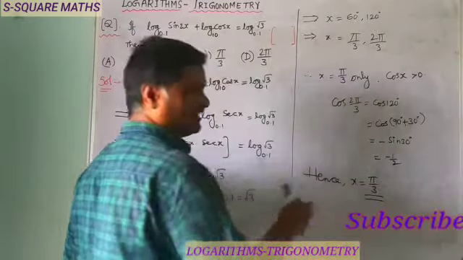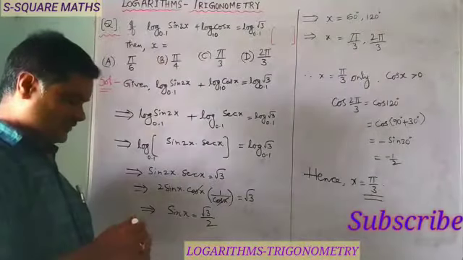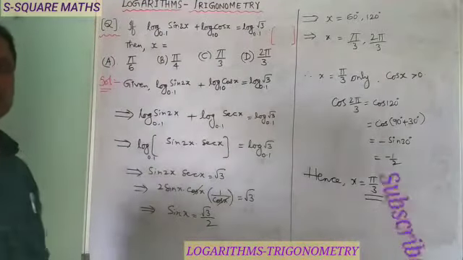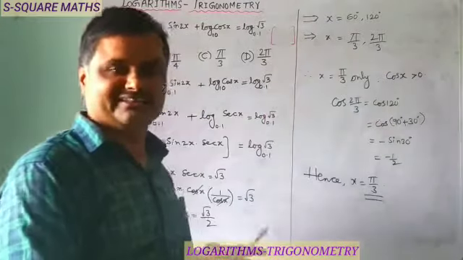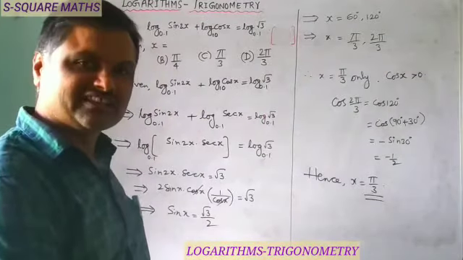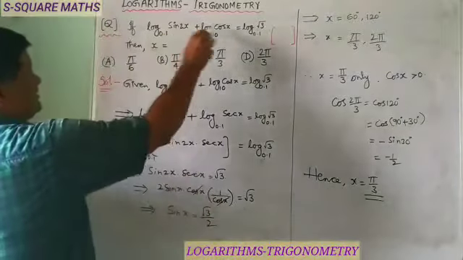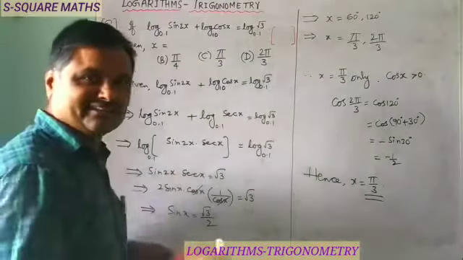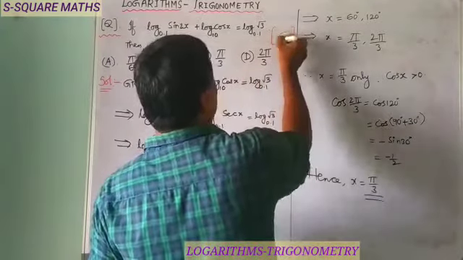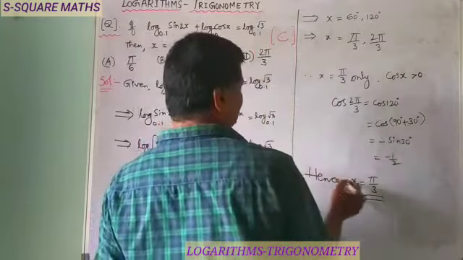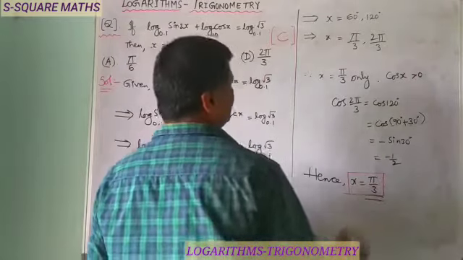So in this way we can avoid the confusion in choosing options A, B, C, D after solving the problem. If you get such confusion, go for the conditions and basic concepts of logarithms and trigonometry, then we can avoid it. So here our option is C, and hence x is equal to pi by 3.